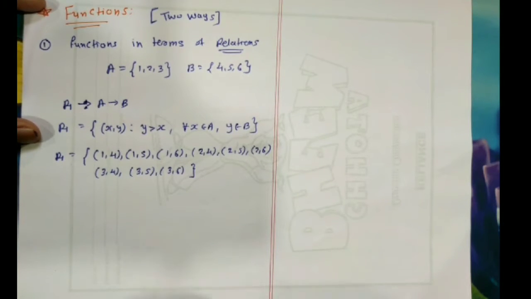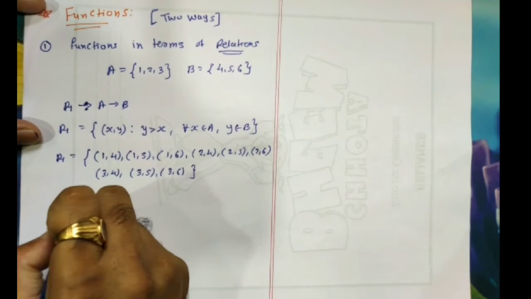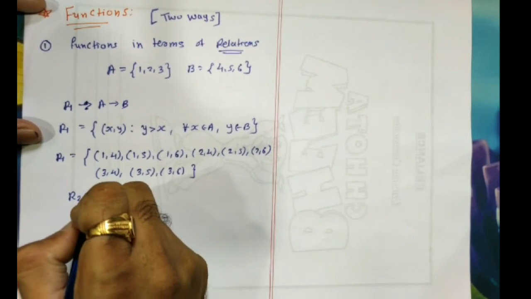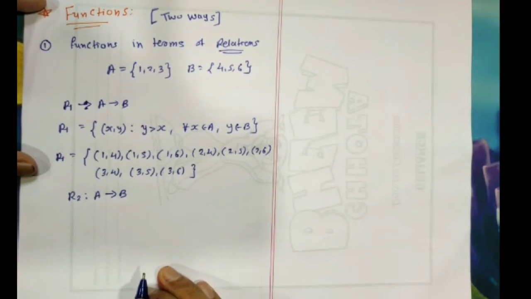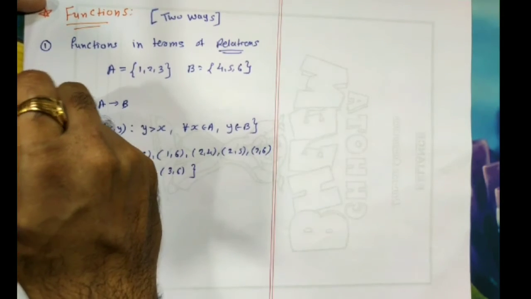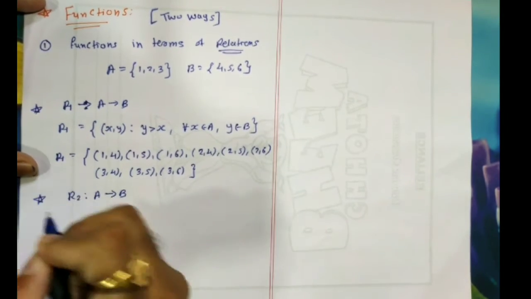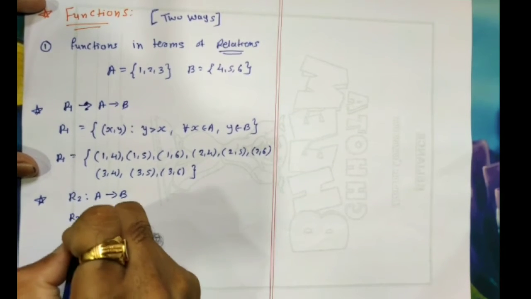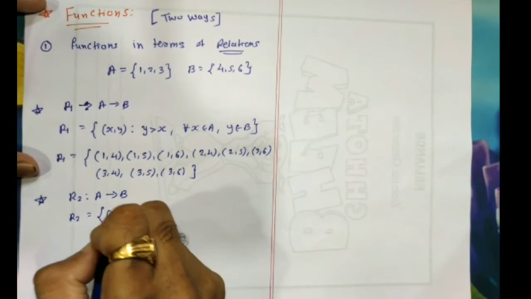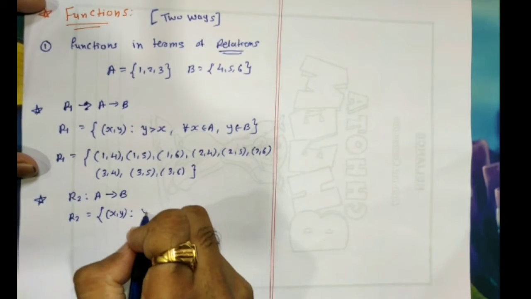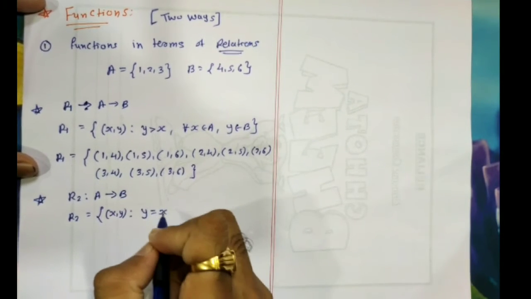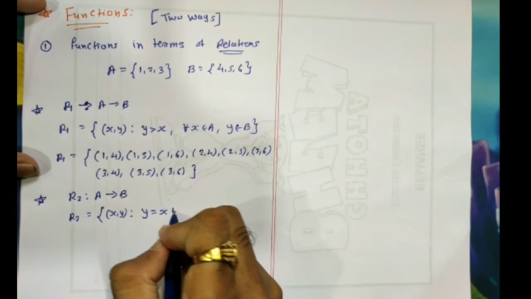Then we defined relation R2, from set A to set B. The description of relation R2 was: all ordered pairs (x, y) such that y equals x plus 3.